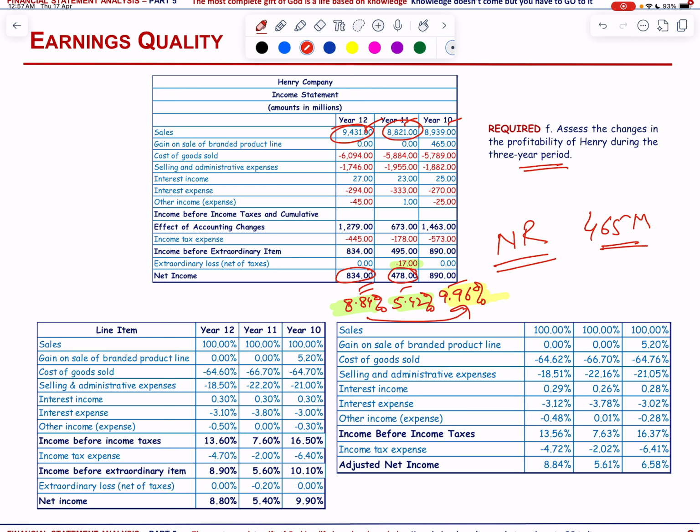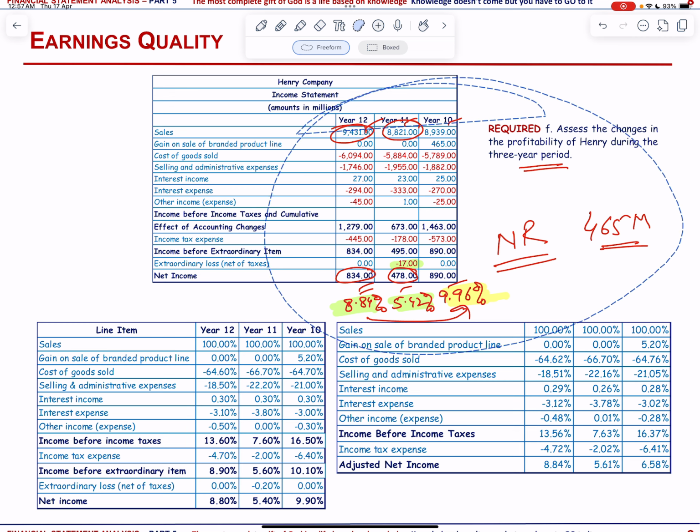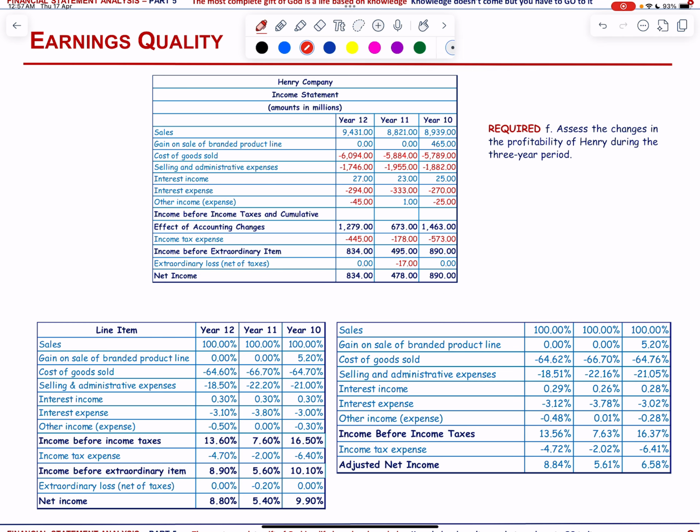So for the year 2010, we had the income of 890. For the year 2011, it was 478, and 2012 it was 834.